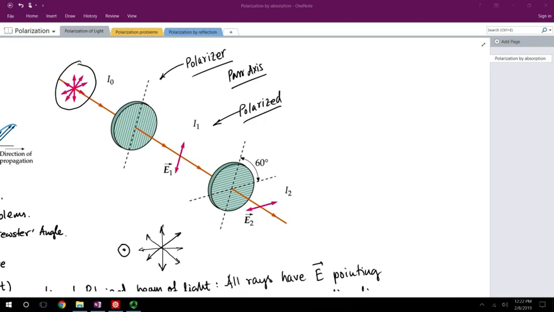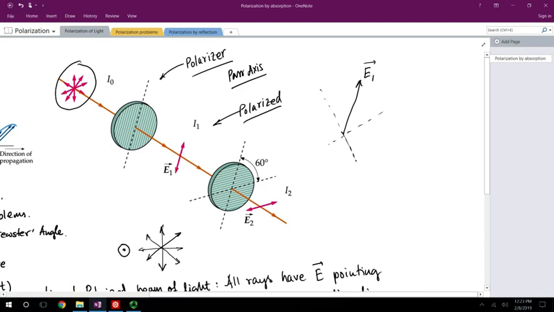It'll stay polarized, but the second polarizer will again only let through rays of light that have components of electric field parallel to the pass axis of the second polarizer. Any electric field that I can draw can be resolved into components parallel and perpendicular to some arbitrary axes, right? So consider this electric field E1.